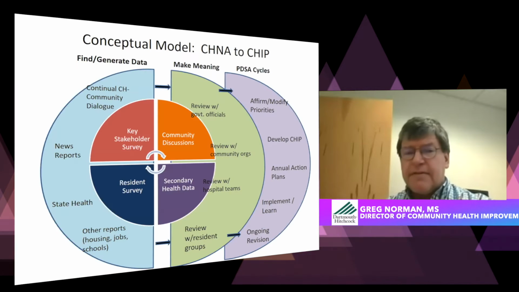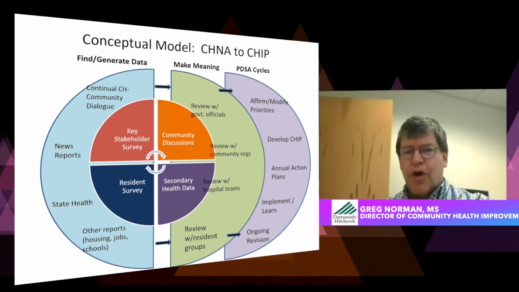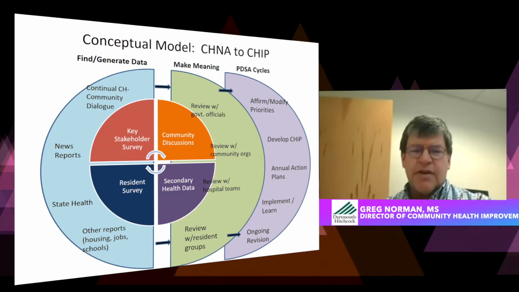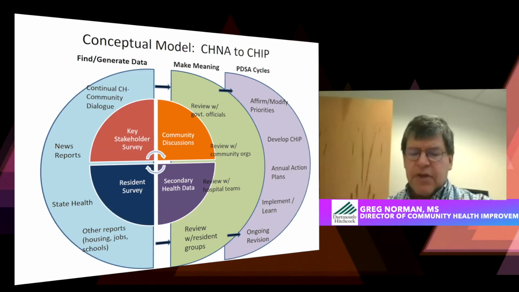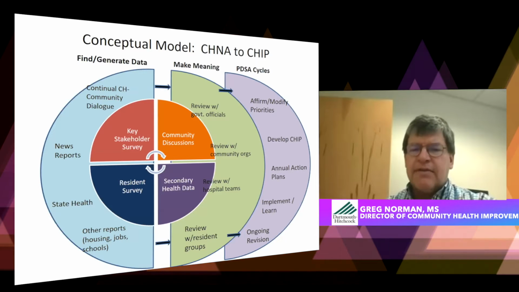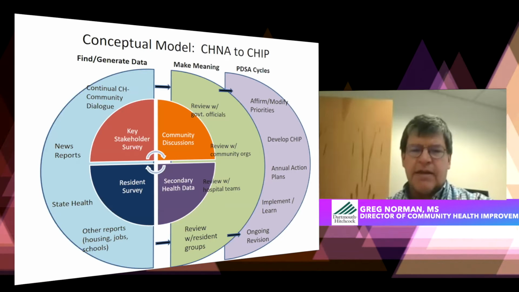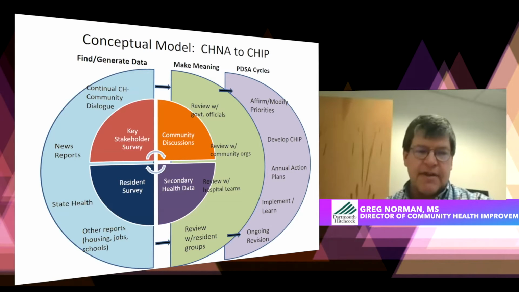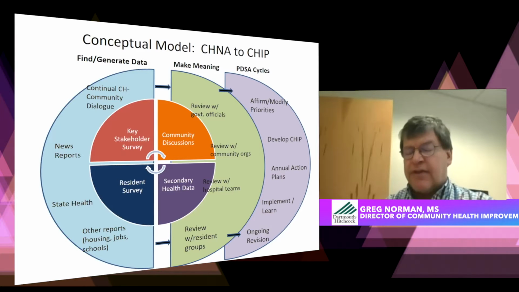So we take this, in the center of the circle is what we showed before. We then take the findings of our needs assessment and we engage in conversations with community organizations and other community stakeholders, and begin, through those discussions, to try to make meaning of what the data in our needs assessment is telling us. And from that, begin to engage in plans.